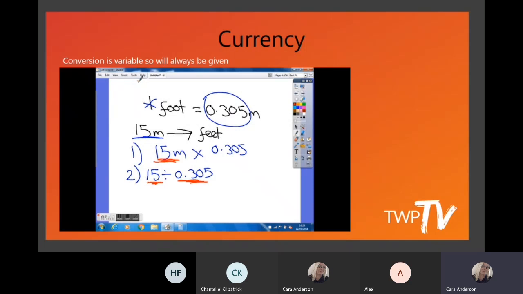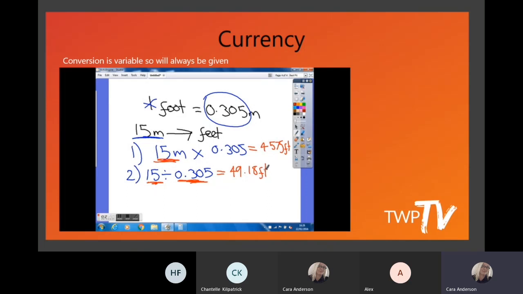So that is going to be 4.575 feet. And for the bottom one, we're going to do 15 divided by 0.305. So that gives you, again, a really long number, but we can round it to 49.18. So 49.18 feet.